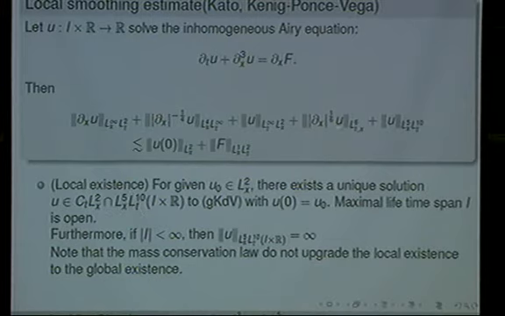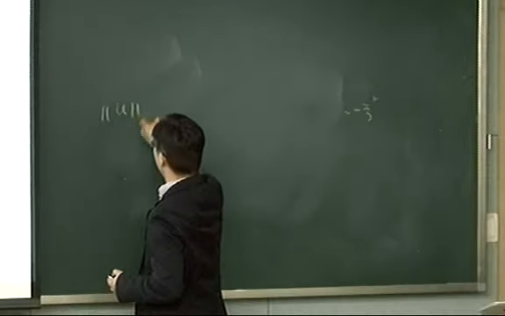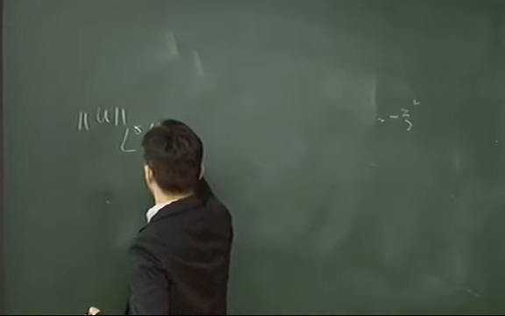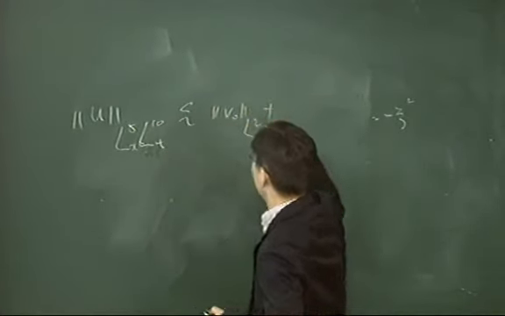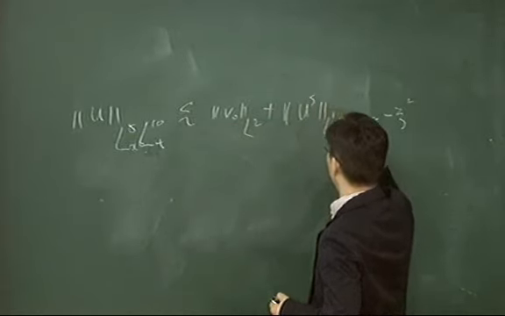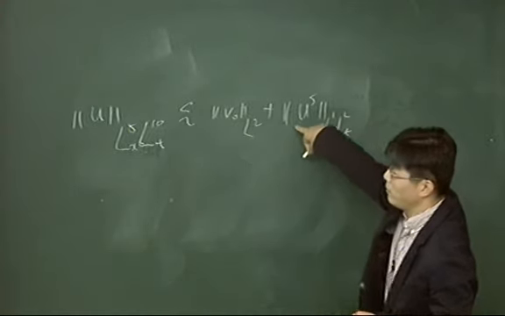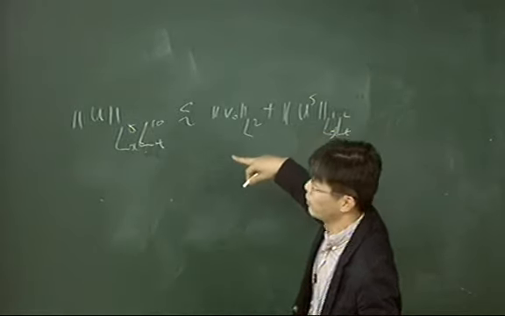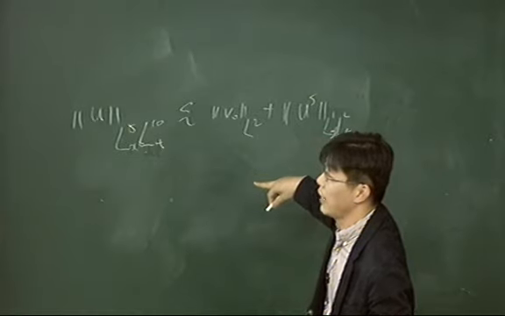Simply, for the dual formula, if you just apply that estimate, with F being u to the 5, u to the 5 is in L1 and L2.